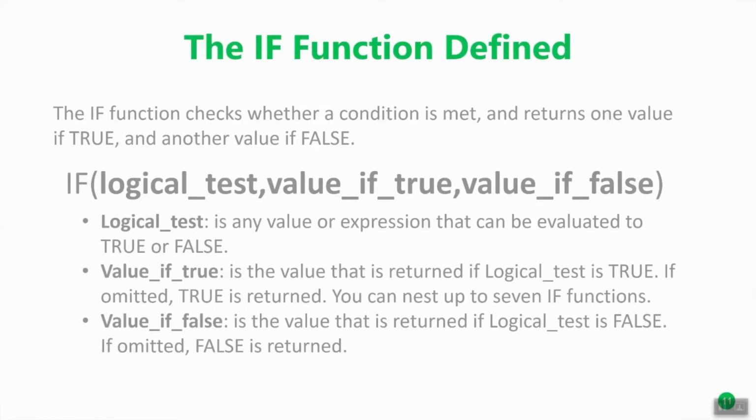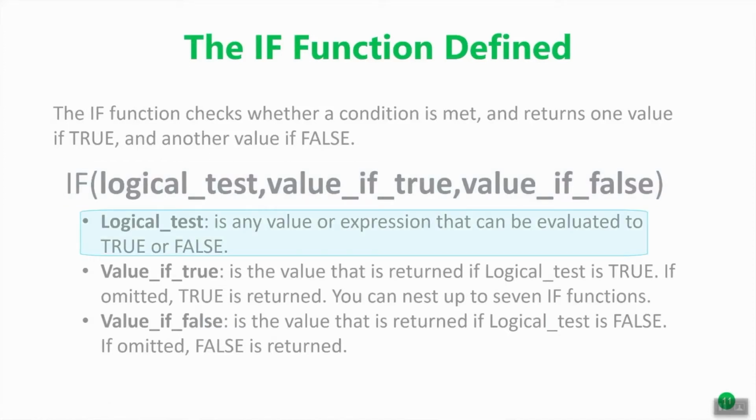So the if function defined. The if function checks whether a condition is met, and it returns one value if that condition is true and another value if it's false. So looking at the syntax here, the logical test is any value or expression.